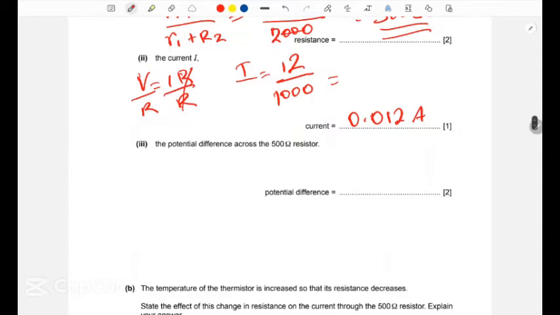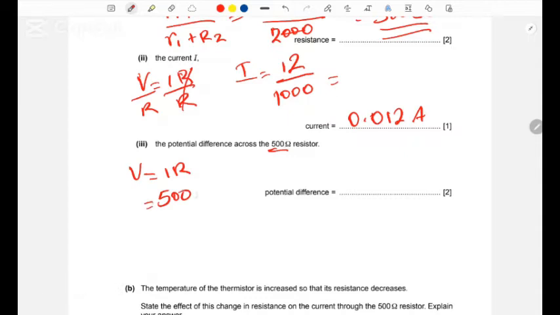Now the potential difference across the 500 ohm resistor. To find that, we use the same formula, V equals IR. So the R is going to be 500 because we're asked for the voltage across the 500 ohm resistor.